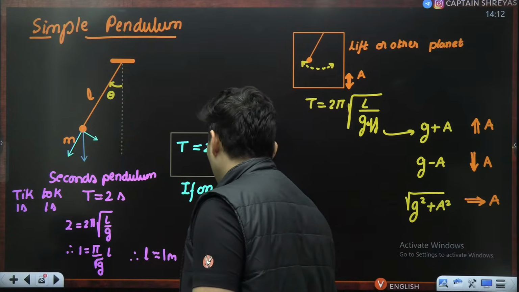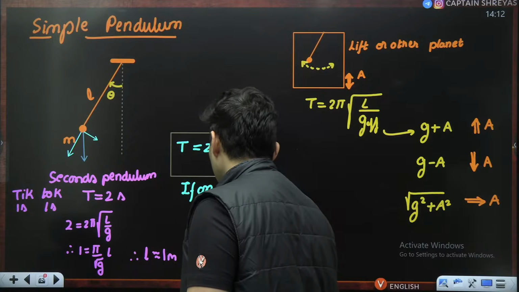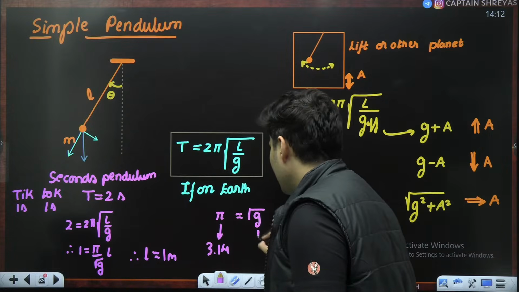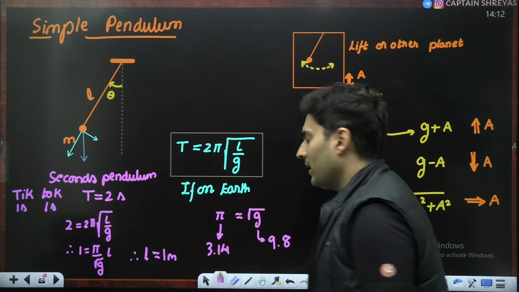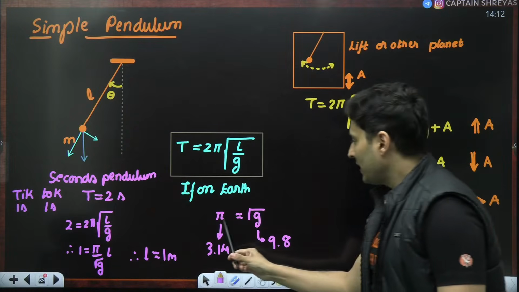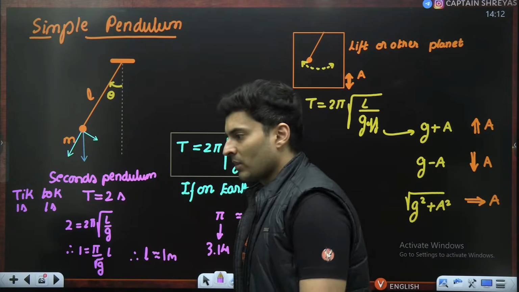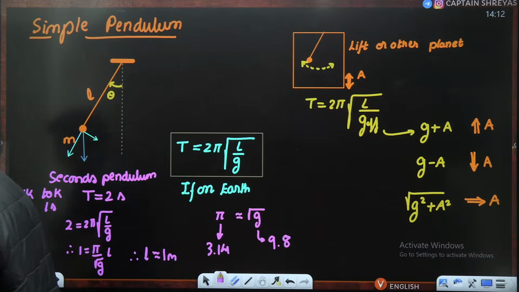Yes, pi is approximately root of g. Pi value, remember, is 3.14 and g value is 9.8. Root of 9.8 is roughly 3.14. So hence pi is root g, they cancel out, and length is 1 meter. This is another thing which you must know.